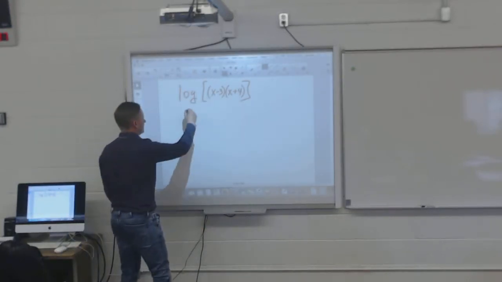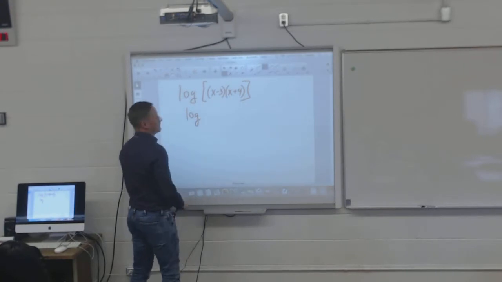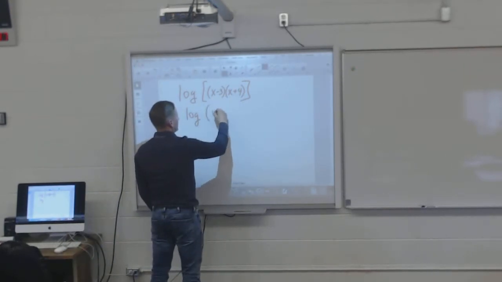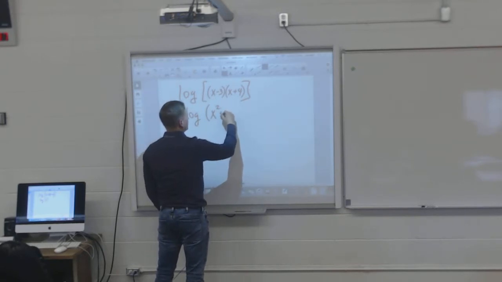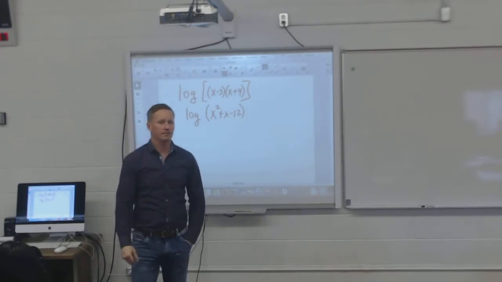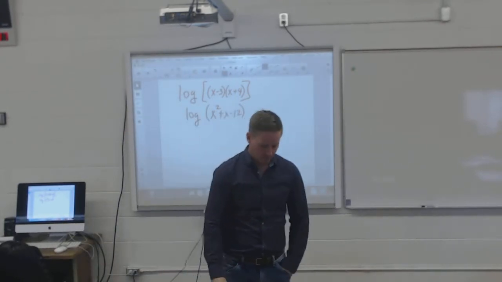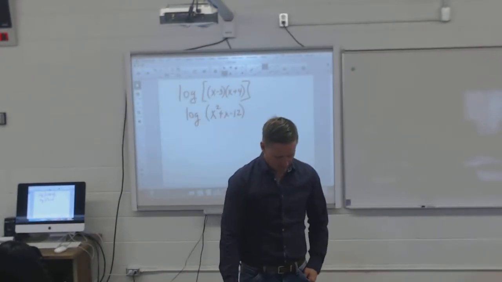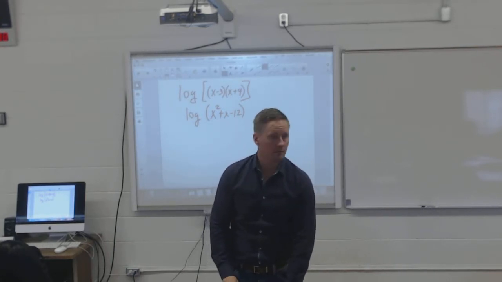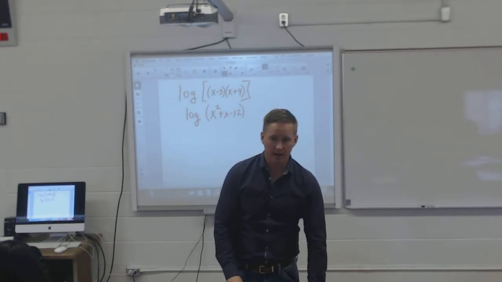And my lack of hearing. Okay, so I can leave it at that. I can also change it to x squared plus x minus 12 as well. You can do that as well. Okay? Any questions? Alright. You sure we're okay?